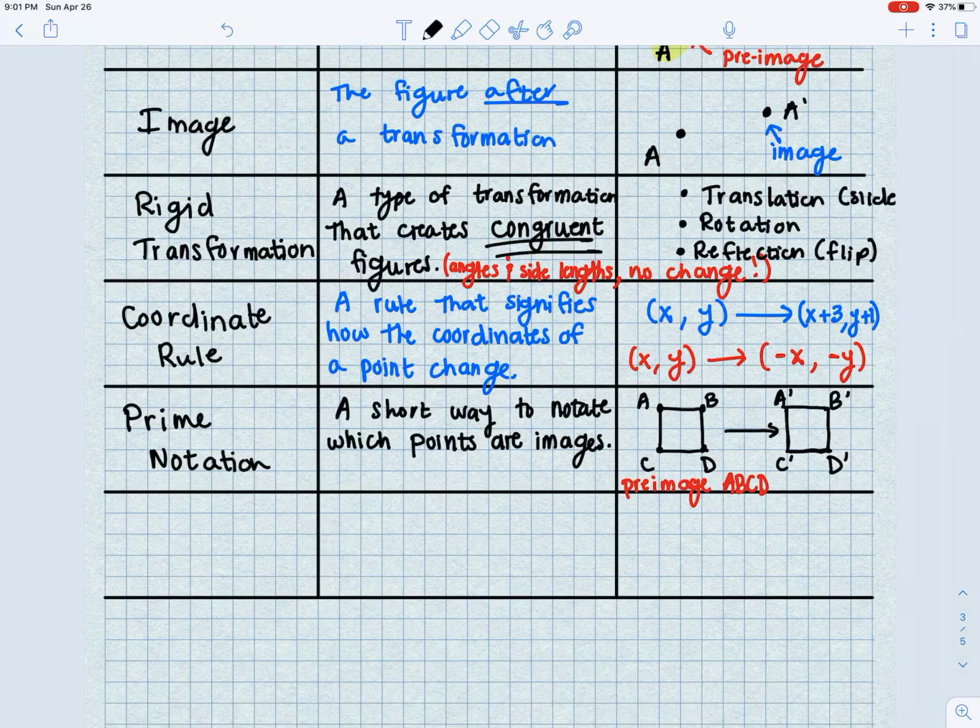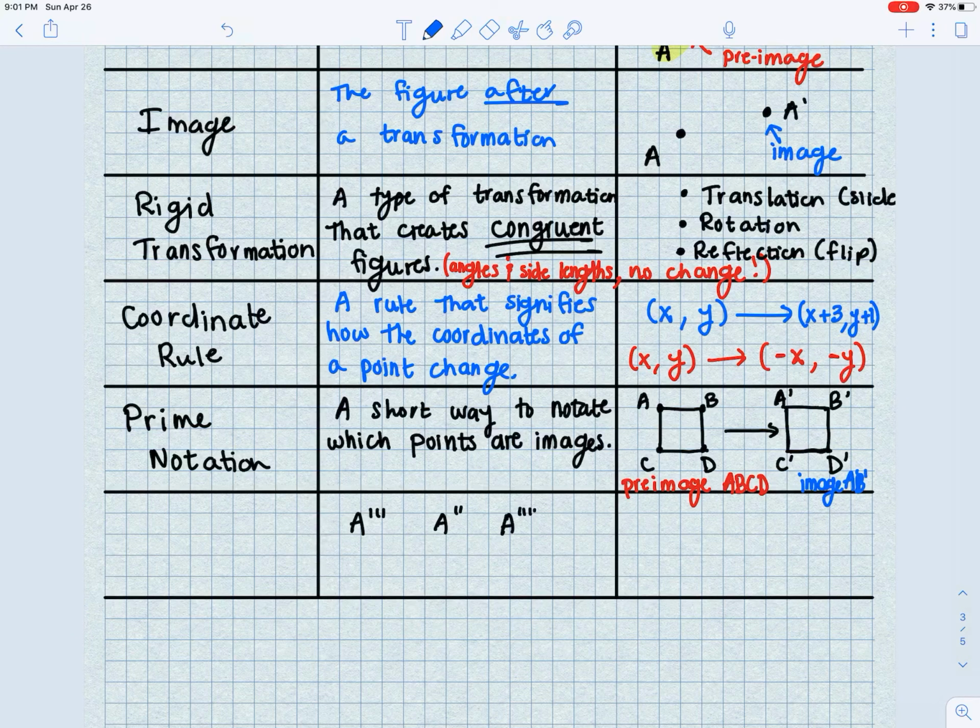So I've seen things like a triple prime. You could have a double prime, a quadruple prime, so on and so forth. So you just keep adding apostrophes if you keep conducting transformations. So let's just go ahead and label this guy. So A prime, B prime, C prime, D prime is our image.